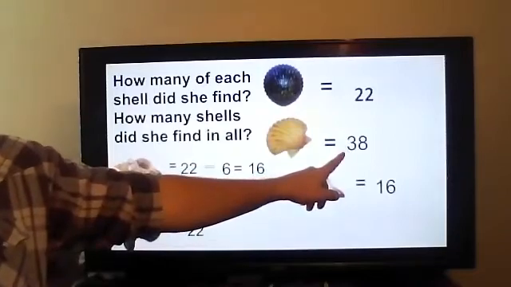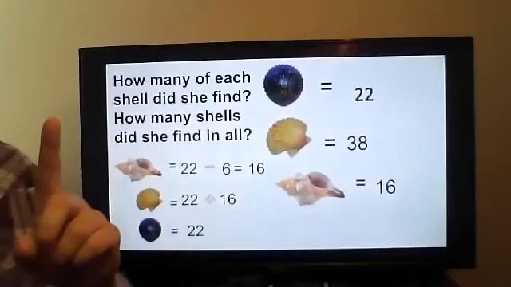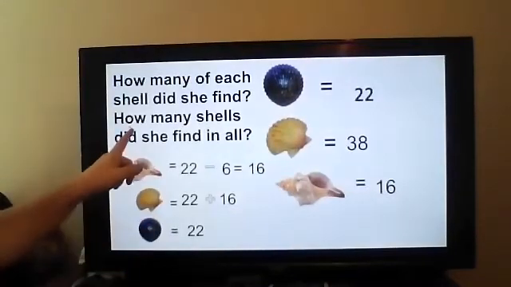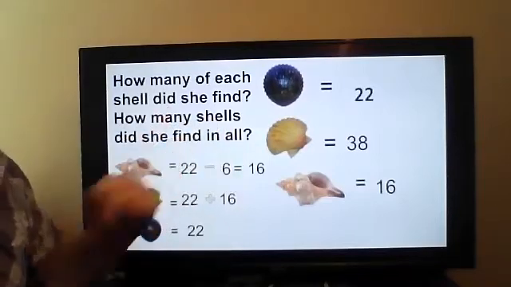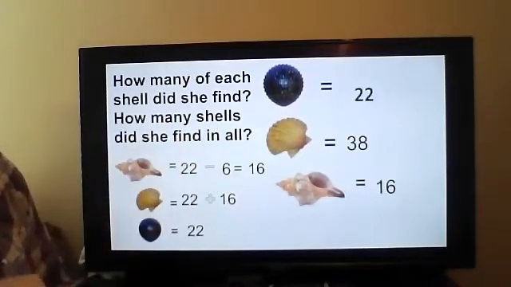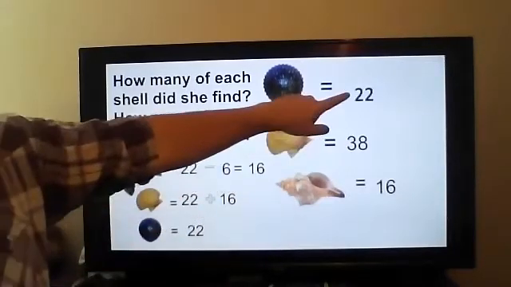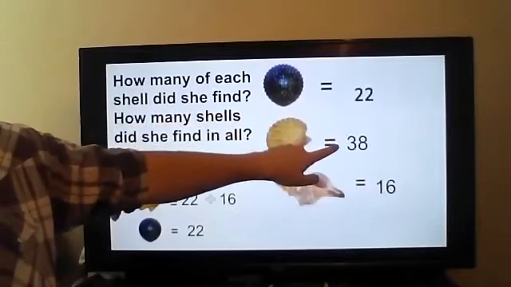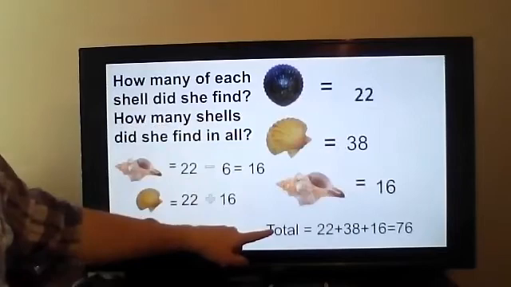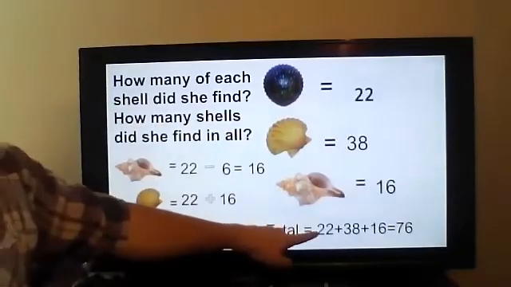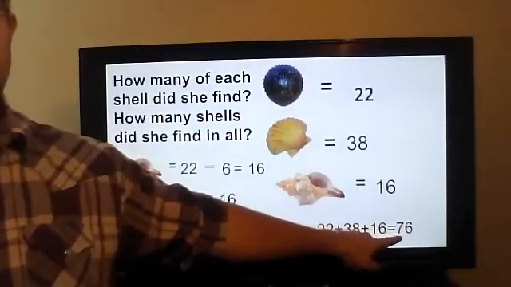Okay, I hope everyone's following along so far. And we have one more question to answer here. So it says, how many shells did she find in all? Okay, so we need to find out how many shells she actually found in total. So I want to take 22 plus 38 plus 16, which is going to give us a total: 22 plus 38 plus 16 equals 76.